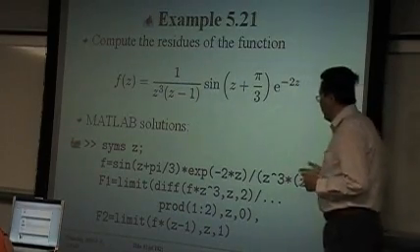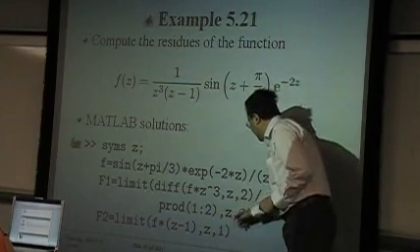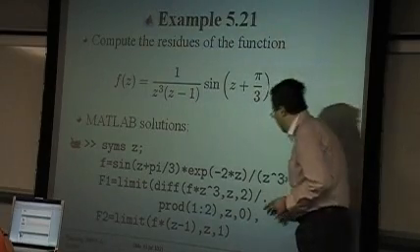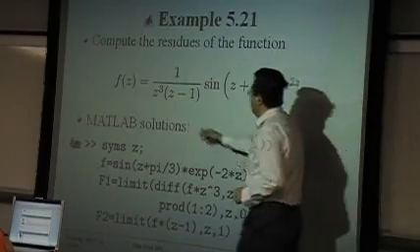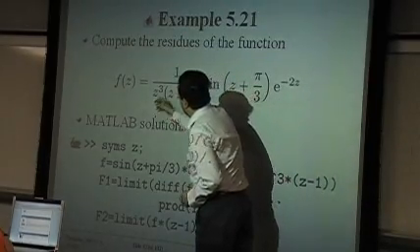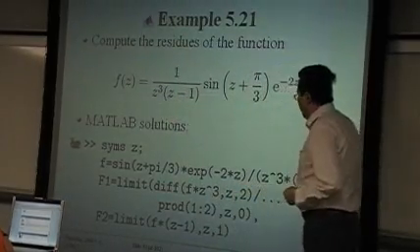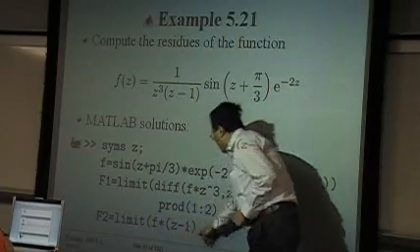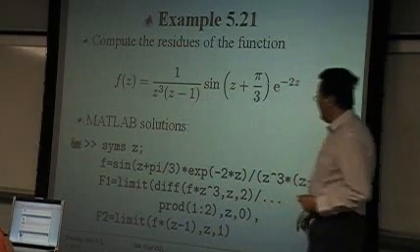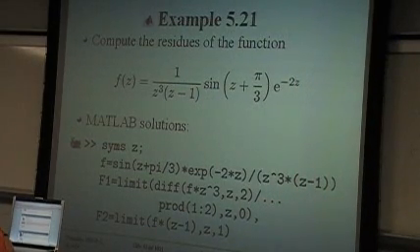And then we take the limit to let z extend to 0. We can find the residue at this point. And also because this one is a single pole, we can use this formula, this command, to find the second residue of the function.